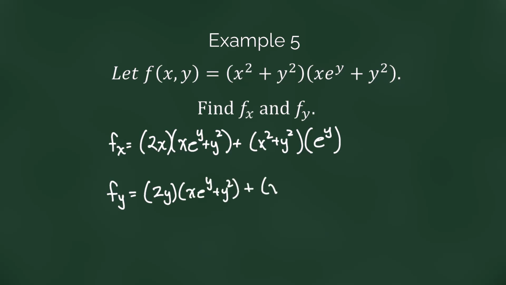Then we'll repeat the first part, and we'll take the derivative of the second part with respect to y. So the x is acting like a constant, so the x e to the y is going to repeat itself, and we'll get plus 2y. And once again, I'm not convinced the expanded form is any more useful to us, so I'm going to leave it in this factored form.